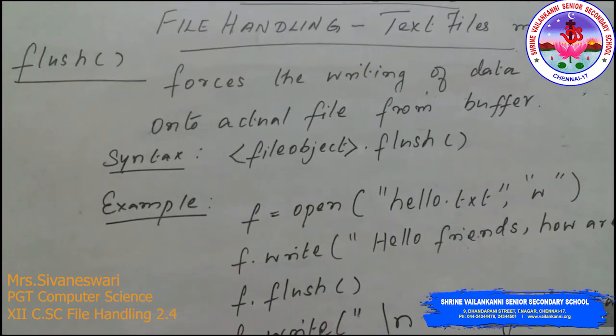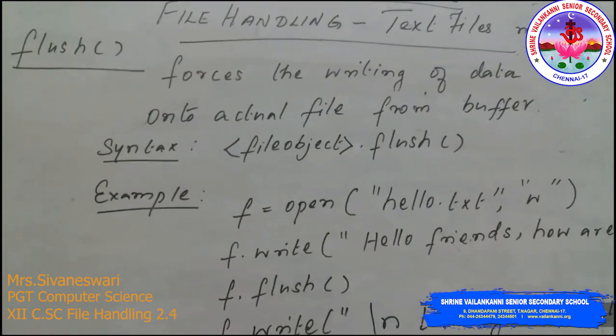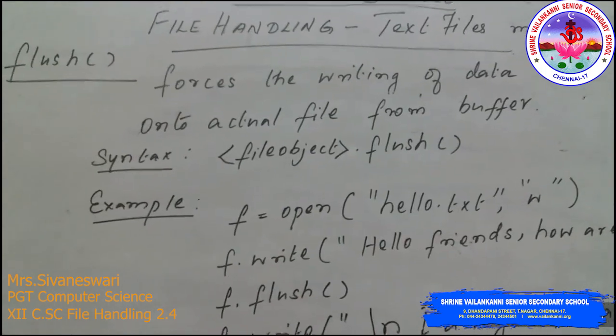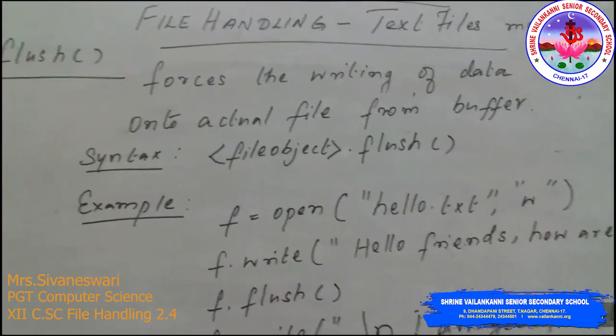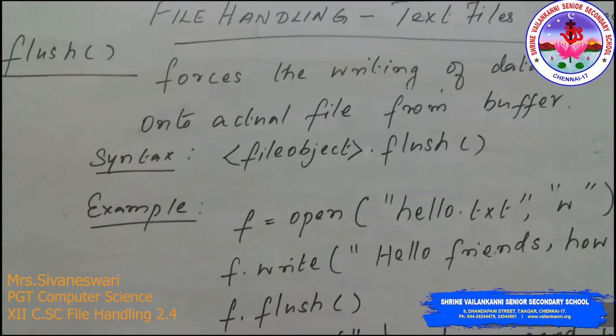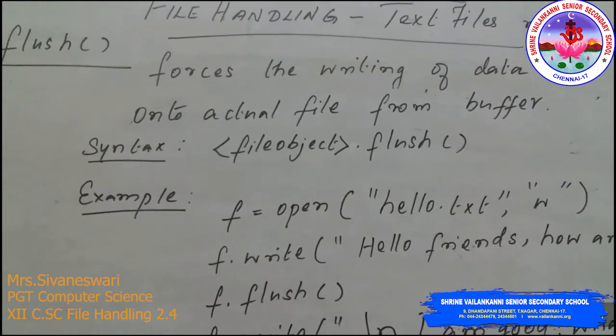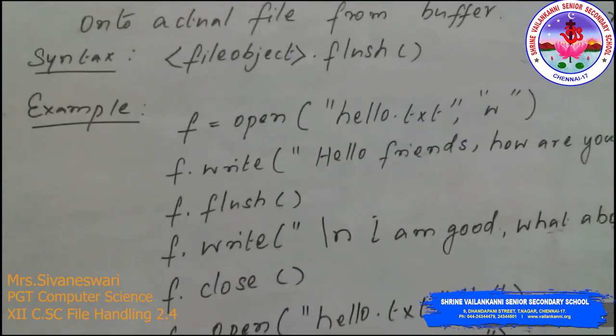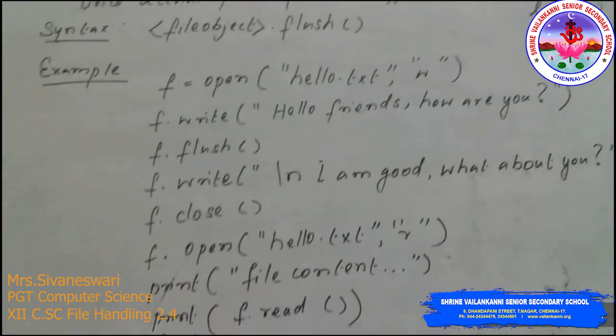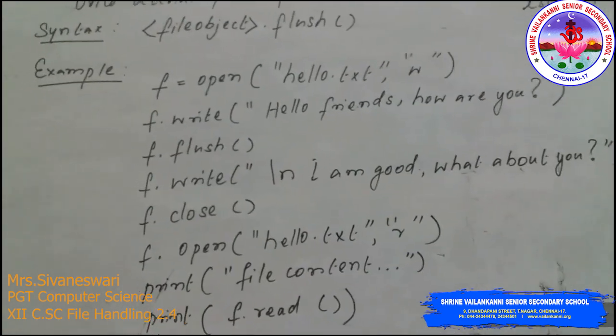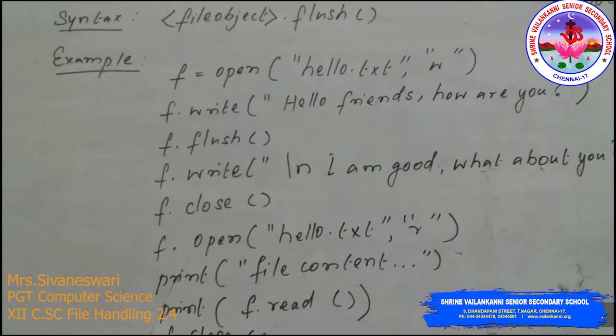But there are some rare cases where we need to do this. So let's see. The syntax is file object or file handle dot flush(). Let's see the example. We are taking the file name as hello.txt.